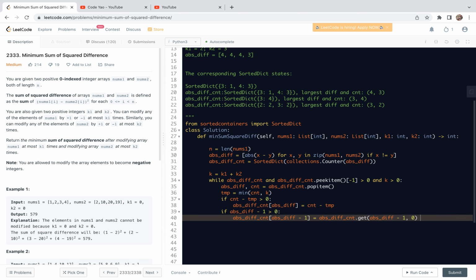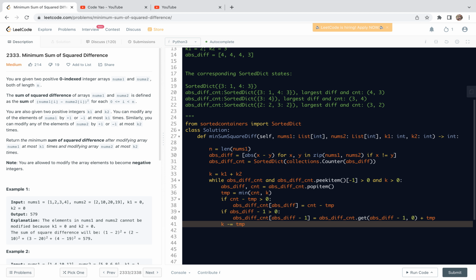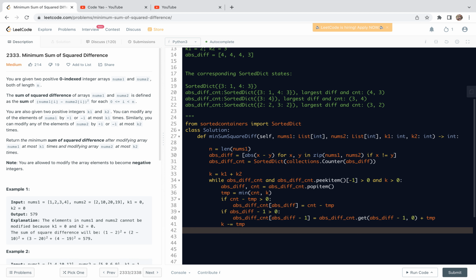Then the reset will add in the temp. So that's about it for the operations for the keys. Then we need to update the allowed operations we have, that is decremented by this temp variable. So with that said, we are done with the shrinkage procedure. So what remains is to return the result.